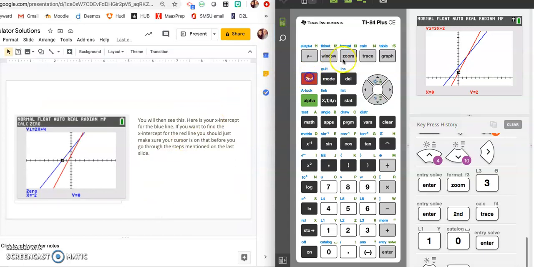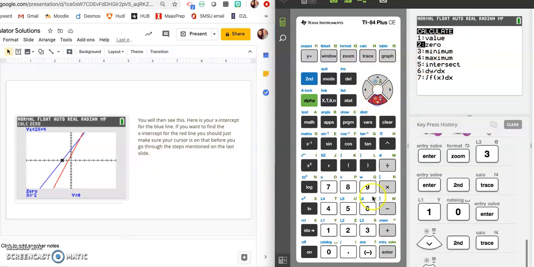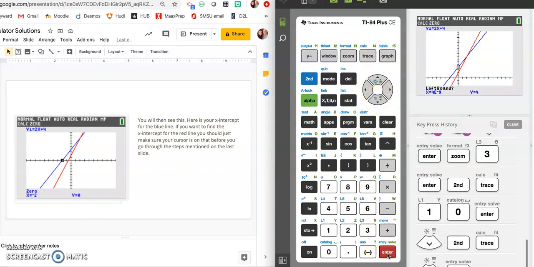Our second one that we're going to talk about is the 0 button. And so if I go back to my calc options and I click on the 0 button, what that is going to do is it allows me to find your x-axis, or your x-intercept.